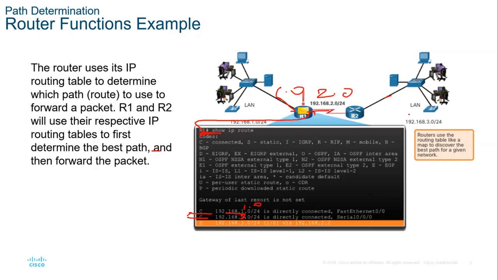So this is the routing table for router 1. Every time a router receives a packet, it will determine the best path to reach the destination, and then it forwards that packet on the best path or best route.